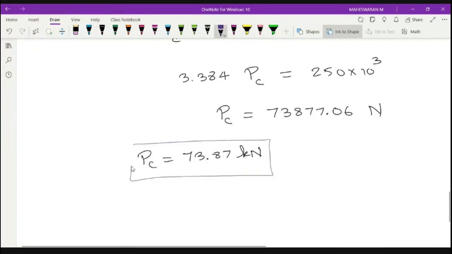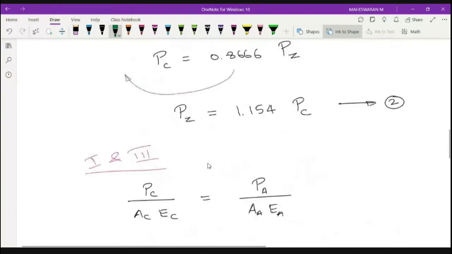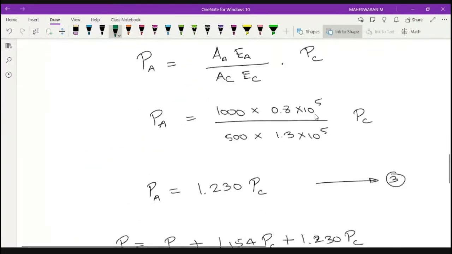Next, to identify the load in zinc, you know the load in zinc is 1.154 times the load in copper.